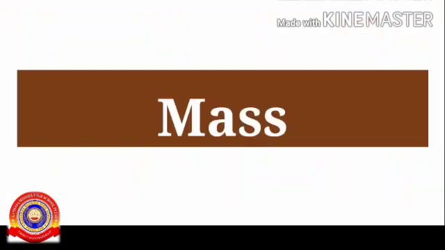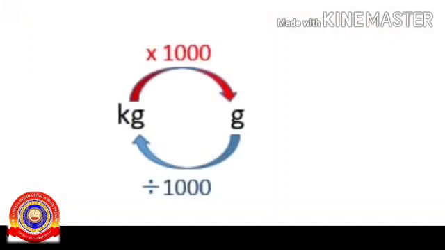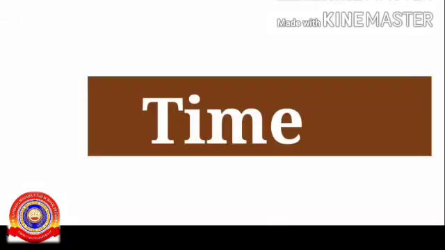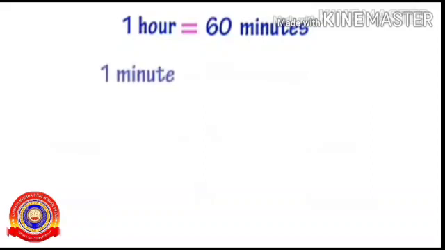Next quantity is mass. To convert kilogram to gram, multiply with 1000 and to convert gram to kilogram, divide by 1000. Next quantity is time. We know in 1 hour there are 60 minutes and in 1 minute there are 60 seconds.